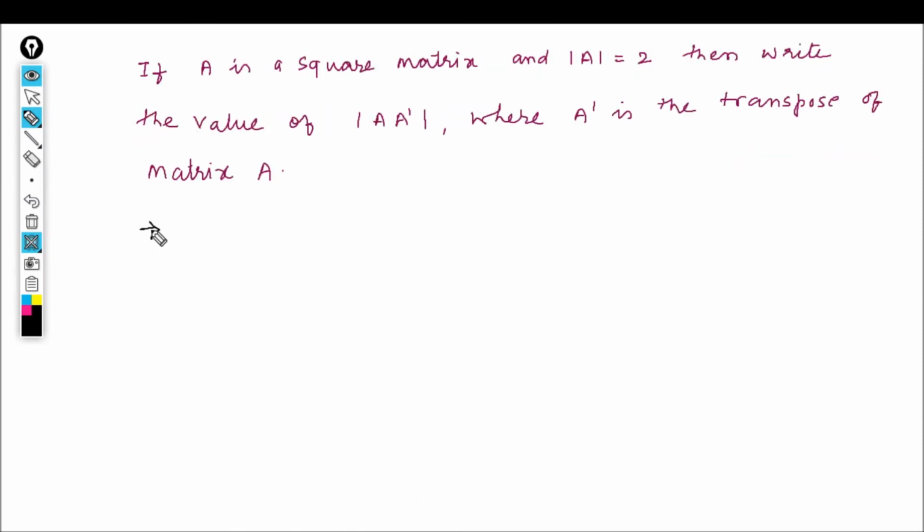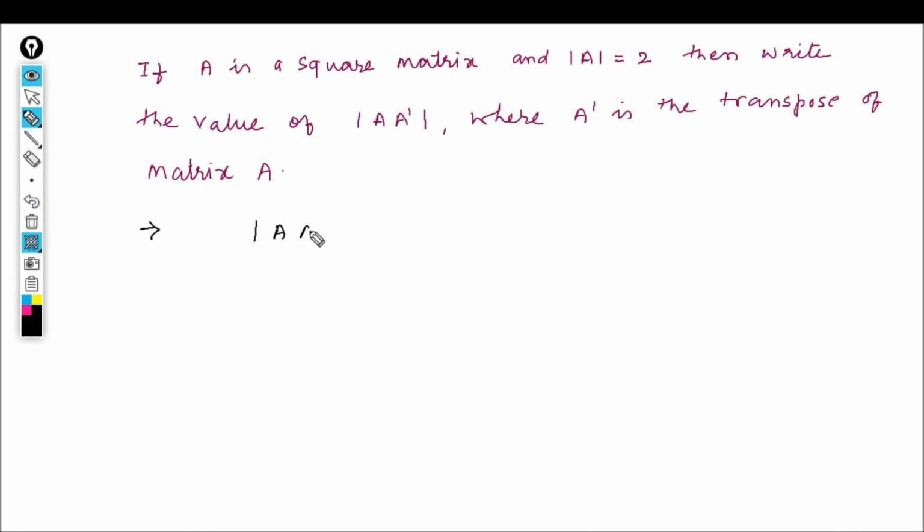So if A is a square matrix and determinant of A is 2, then write the value of determinant of A into A dash. Here A dash is the transpose of matrix A. So let us solve this question.